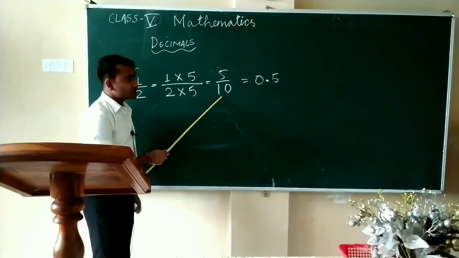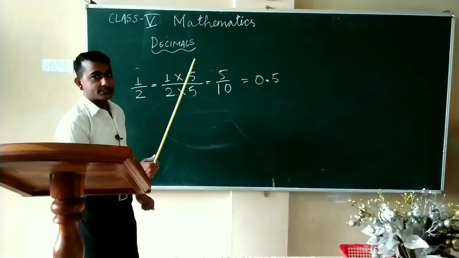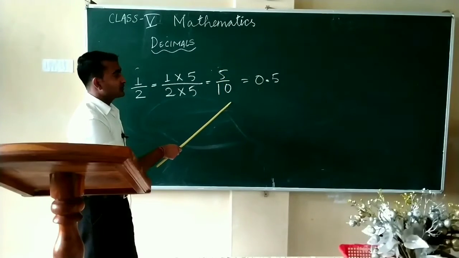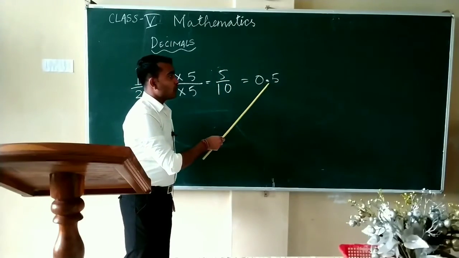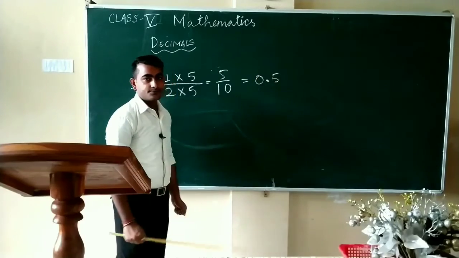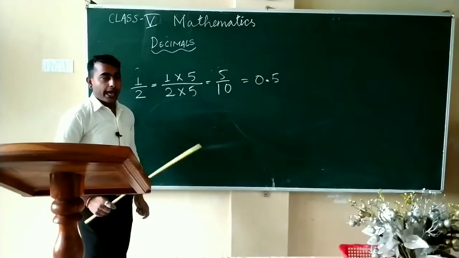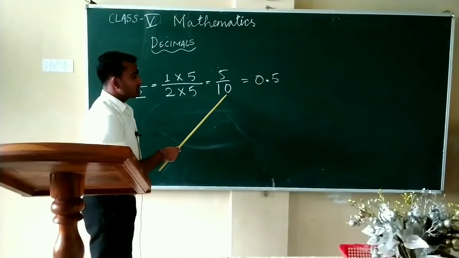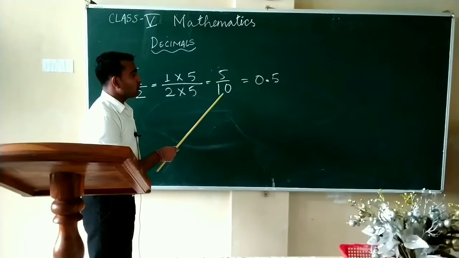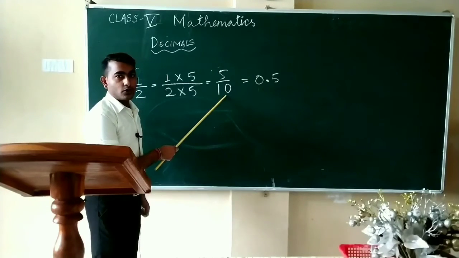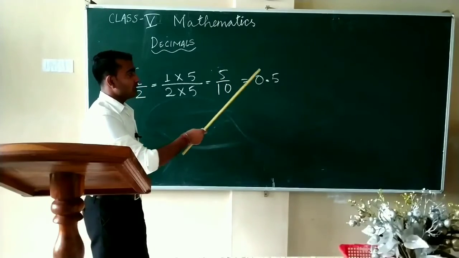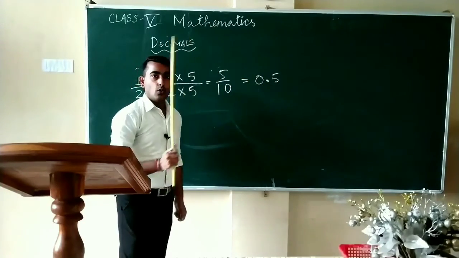Now the denominator is 10. This fraction can be written as 0.5. Okay? As in the denominator, after 1, how many zeros? 1 zero. So after the decimal, 1 digit.